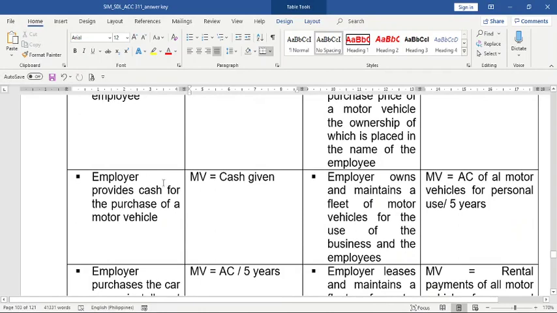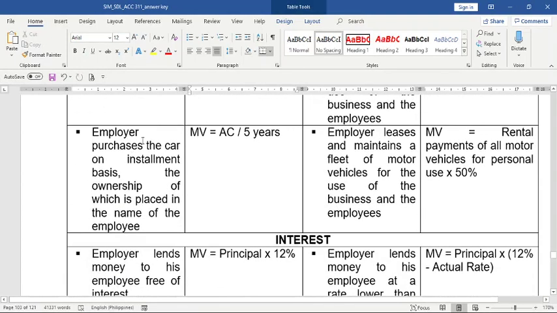If the employer provide cash for the purchase of a motor vehicle, the cash given. If the employer owns and maintains a fleet of motor vehicle for the use of the business and the employees, the acquisition cost of all motor vehicles for personal use divided by 5 years. Kasi gipa-use ng manggod ni employer. So, acquisition cost divided by 5.